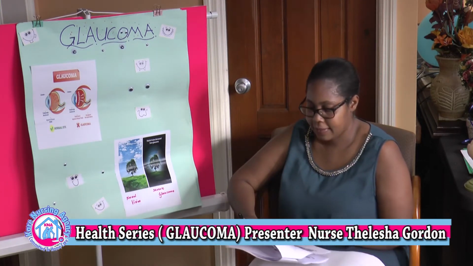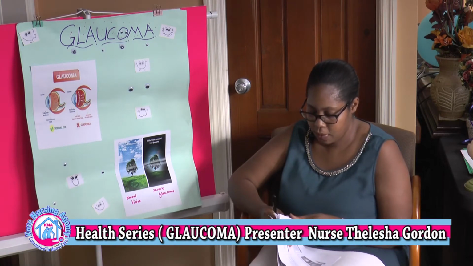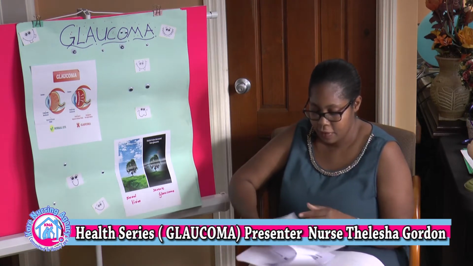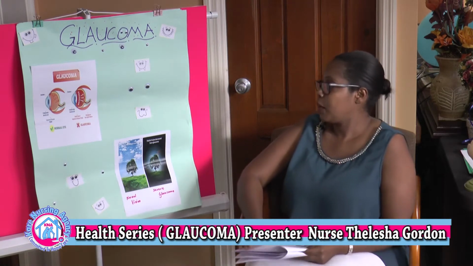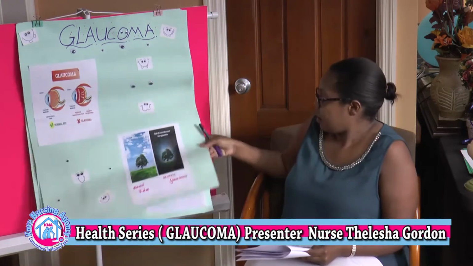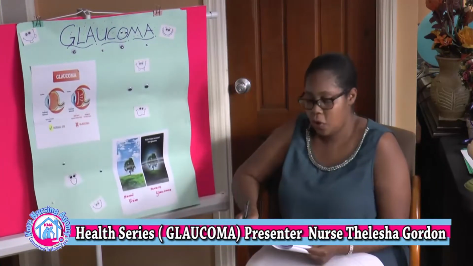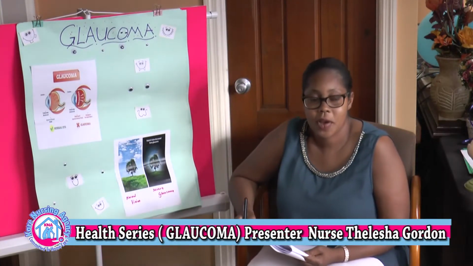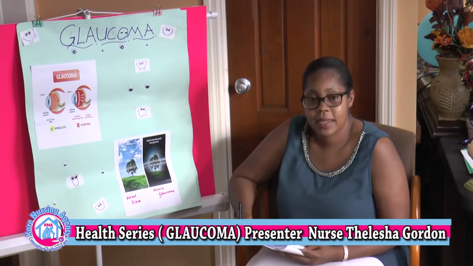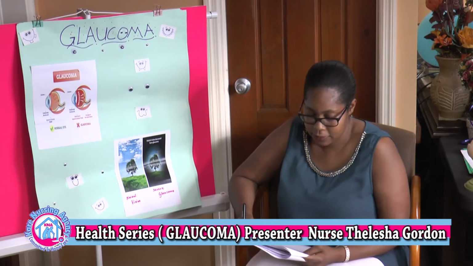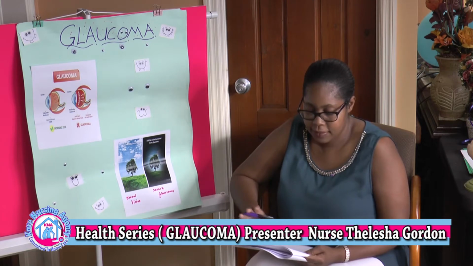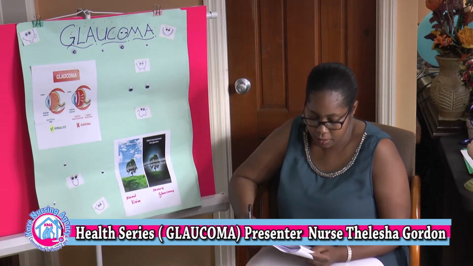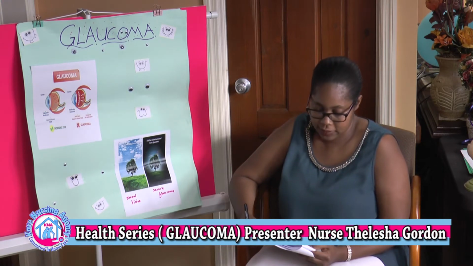And you may ask, how can someone be tested for glaucoma? As I mentioned before, you can't look at somebody and say they have glaucoma. You have to get an eye exam done by an ophthalmologist. Sometimes it may be difficult based on symptoms alone, but you need an evaluation by the ophthalmologist.